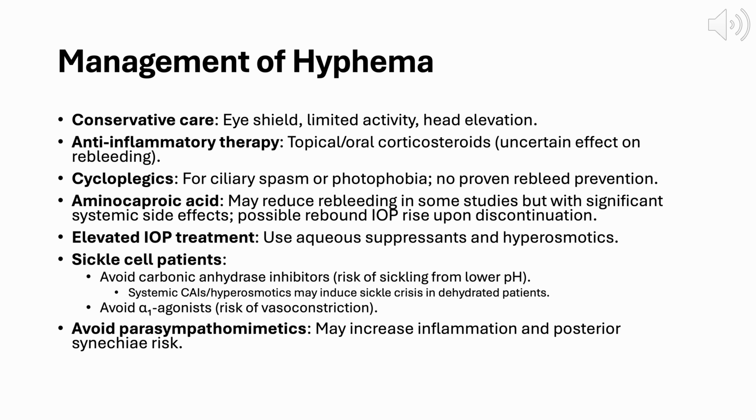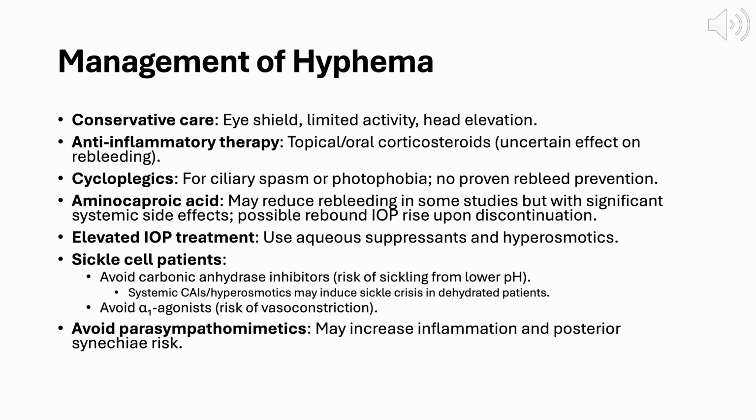Cycloplegics are helpful for ciliary spasm or photophobia, but they do not reliably prevent rebleeding. Aminocaproic acid has been shown in some studies to reduce the risk of rebleed, but it carries significant systemic side effects and may cause a rebound rise in intraocular pressure after discontinuation. If intraocular pressure is elevated, aqueous suppressants and hyperosmotic agents can be used.